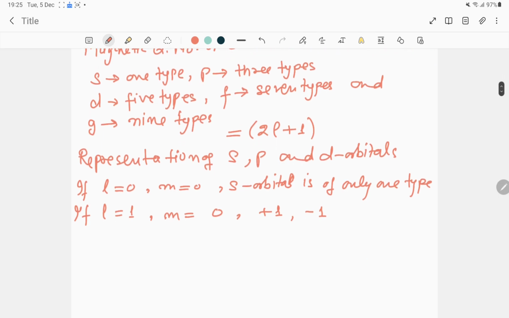If the value of m is 0, then the p orbital is called the px orbital. If the value of m is plus 1, then the p orbital is called the py orbital. Similarly, if the value of m is minus 1, then the p orbital is known as the pz orbital.